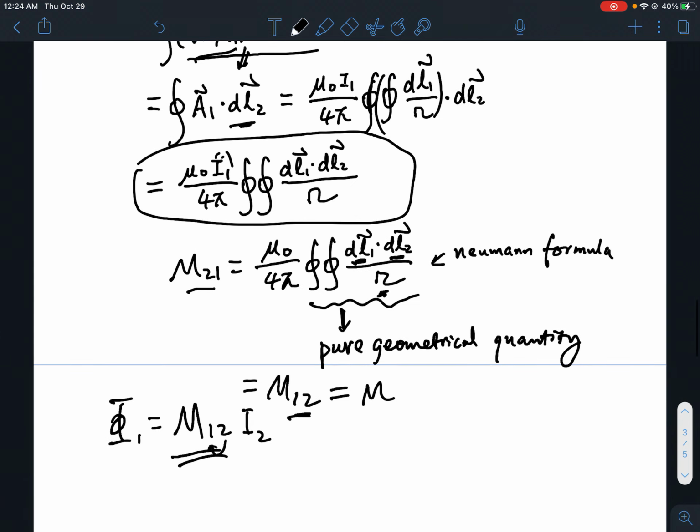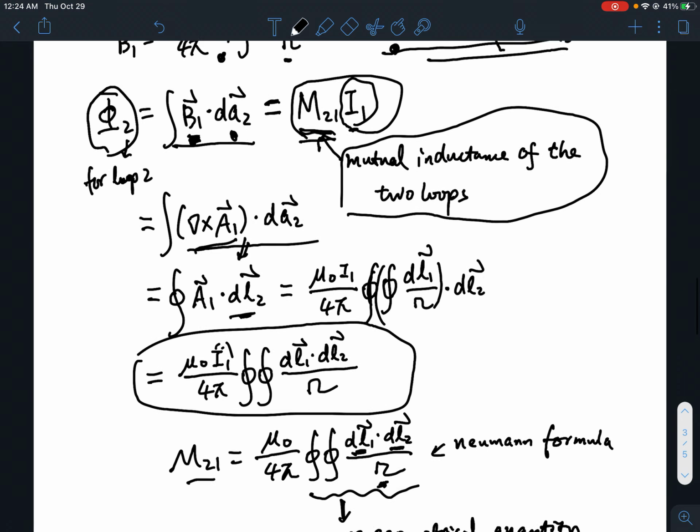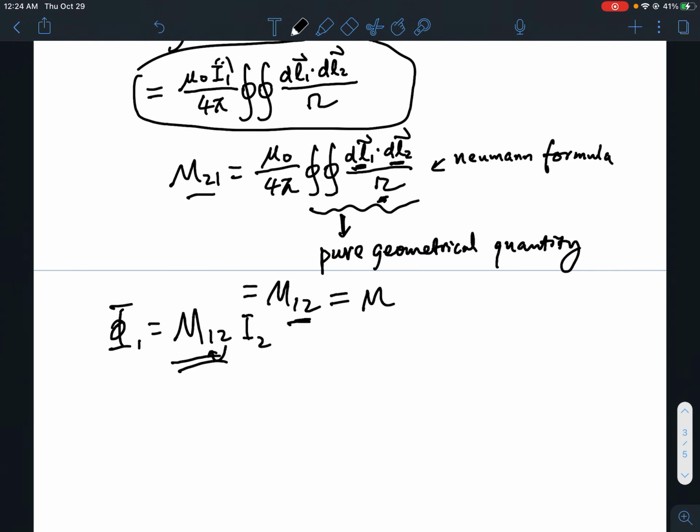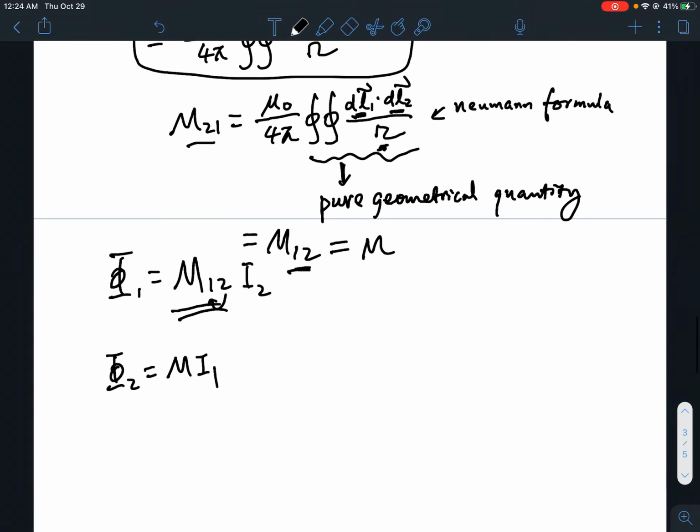This is just something to point out. I also want to point out another thing. Let me write it down: phi 2 is in some sense M12 times I1, because it depends on the current from the first loop, and M12 equals M21.